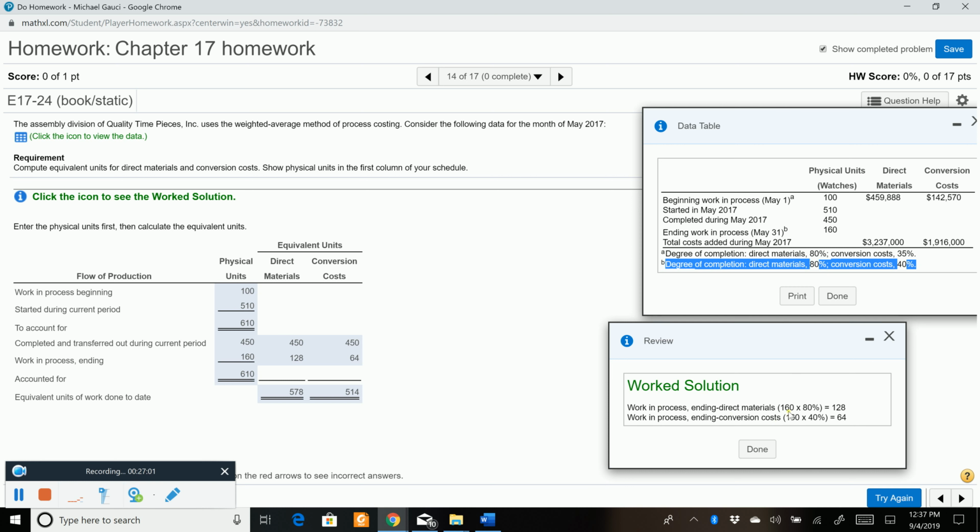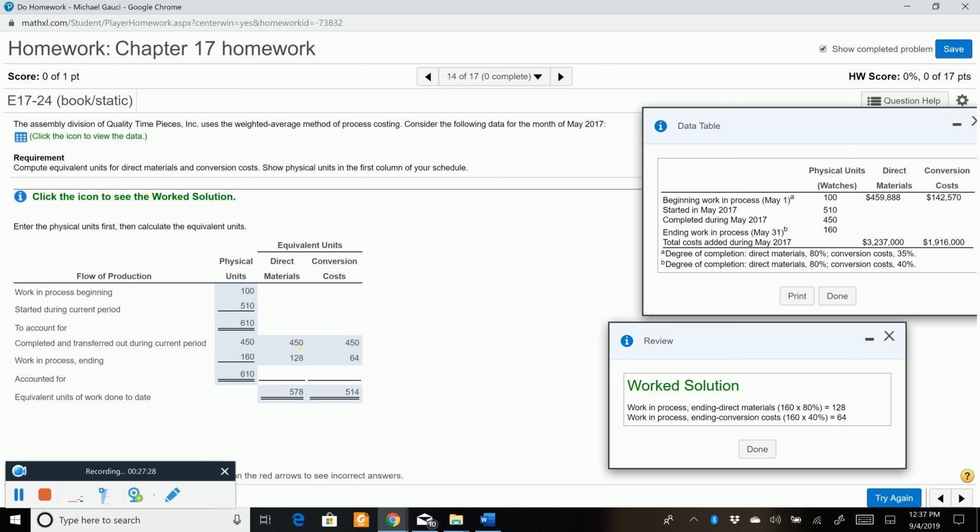So if I take my physical units of 160, now I'm down here in the work solution in the bottom right. If I have 160 units as physical units times 80% complete, my equivalent units for direct materials is 128, which I'm circling here, and it's 40% complete for conversion times the 160 physical units. That gives me 64 equivalent units.